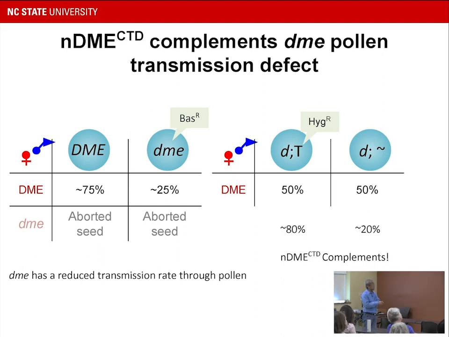So we can conclude that the C-terminal transgene complements the female side and also the male side defect.